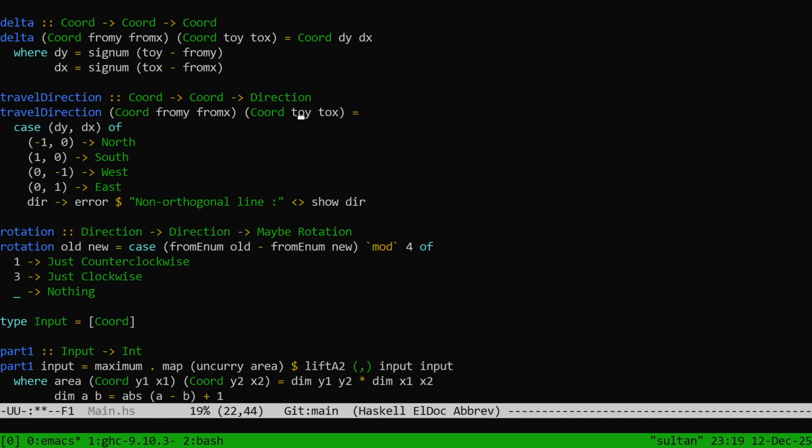And then here I can just say from 2, case delta from 2, like so. Oh, except this is expecting a pair, not a coord.